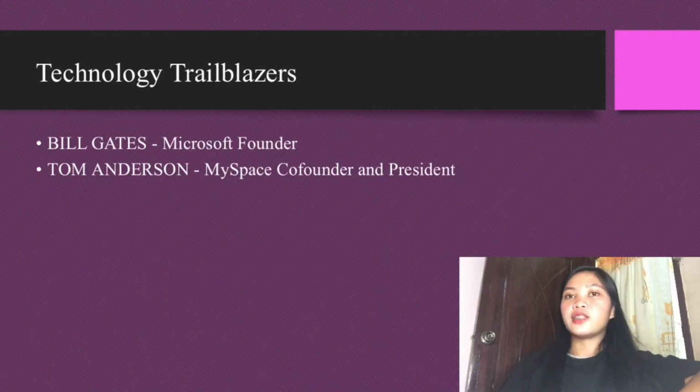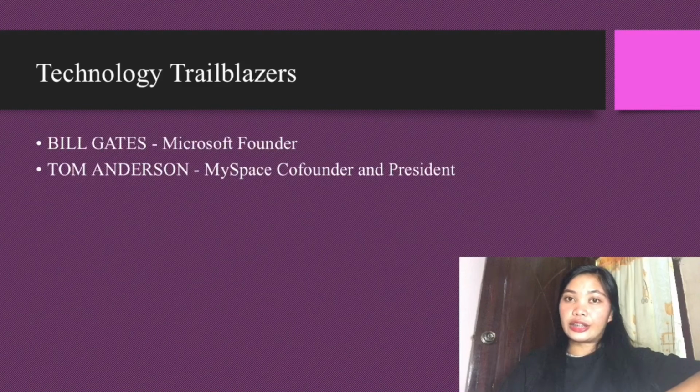Technology trailblazers. So Bill Gates is the Microsoft founder. Early in his career, he developed the basic programming language for the MIT's Altair, one of the first microcomputers. He founded Microsoft in 1975 with Paul Allen, and 5 years later, they licensed the first operating system called PC-DOS to IBM for $80,000.